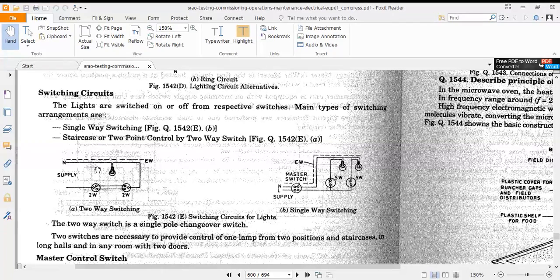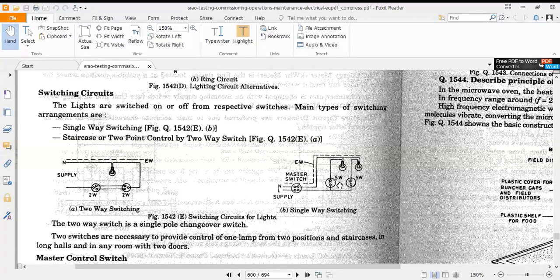For making the light on or off, bulb on or off, we use a single way switch. Sometimes they are also called single pole switch, SP switch, single pole or single way. It's only single way.